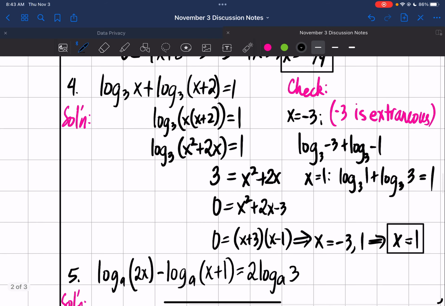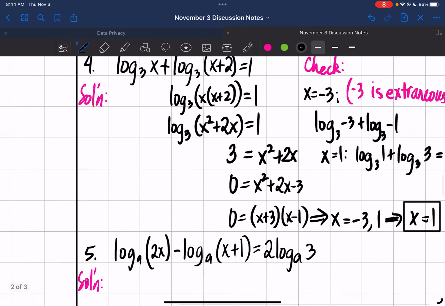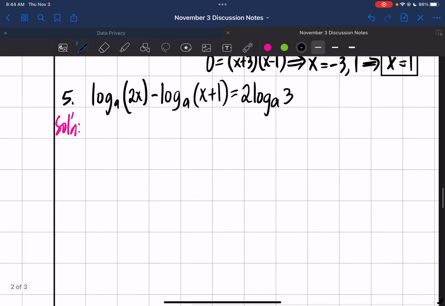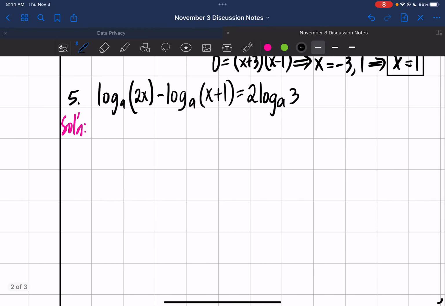So I hope this example is clear, and I hope it is clear to you why x equals negative 3 is not included. So let's go to number 5. For number 5, what we have is log of 2x base a minus log of the quantity x plus 1 base a equals 2 log of 3 base a.